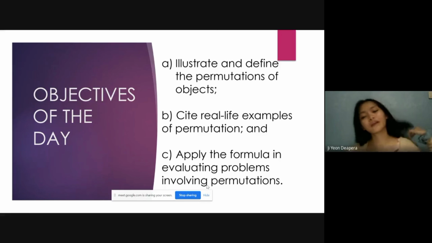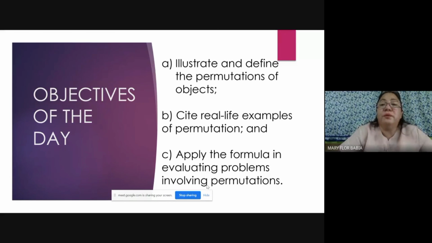We were able to apply the formula. We were asked to solve the given real-life situations that our classmates gave, and then you solved them using the formula of permutation. Okay, very good. We were able to apply the formula, evaluating the problems involving permutations by answering the problems given by our classmates.